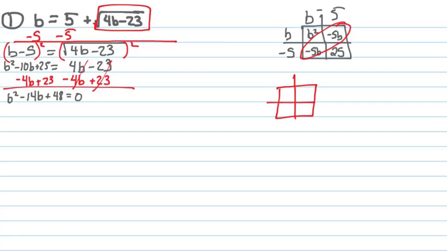And so we're going to try to go from inside out. So we have the b squared, and we have this equal to positive 48. And so we have to think about our factors that will multiply to give me a positive 48, but yet combine to give me a negative 14. So if I do b and 48b, that doesn't work.